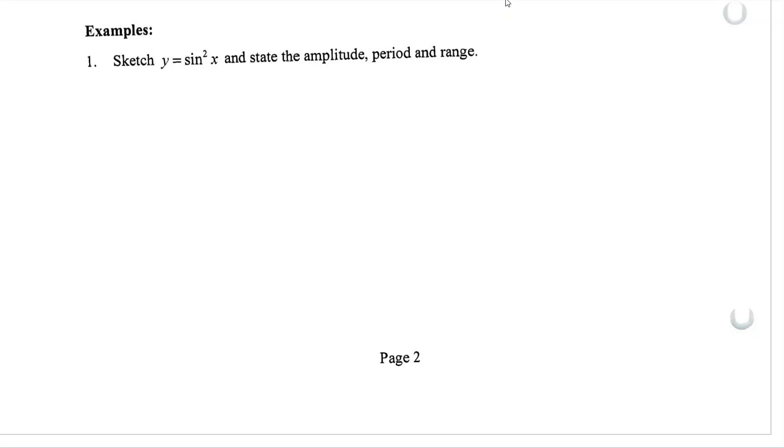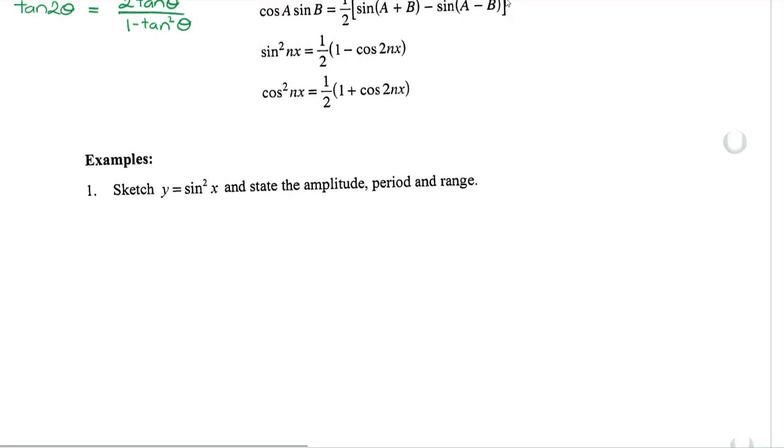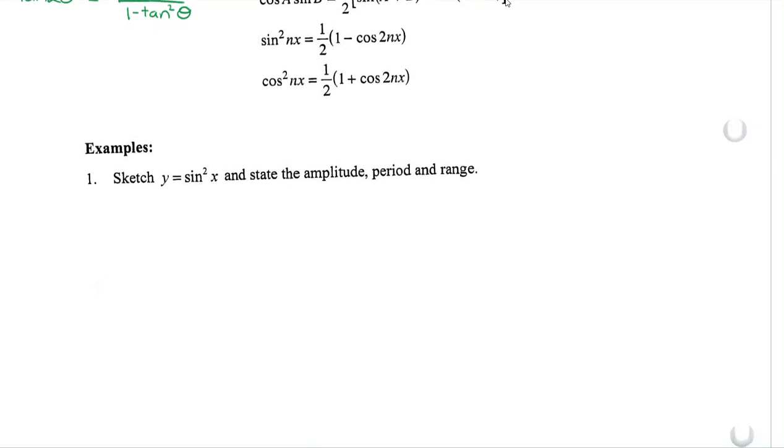Now we've sketched trig functions before, but we haven't really sketched them squared. Okay, so what can we do? Well, there is our compound angle formula, which would enable us to change from a double angle into a sine squared, right?